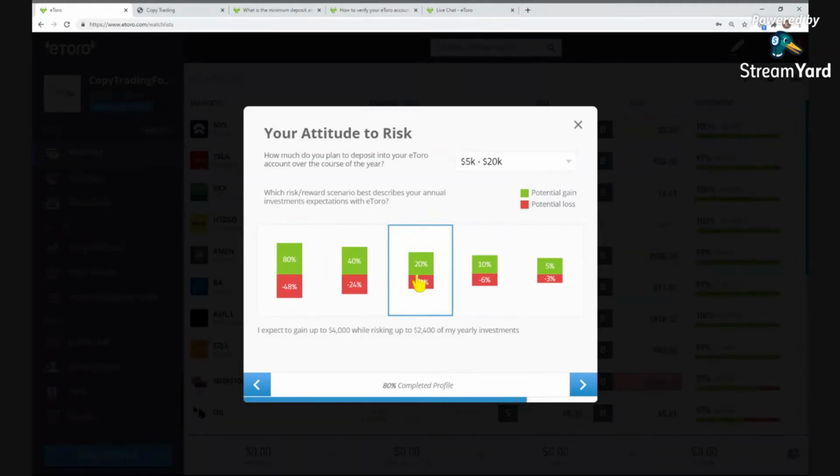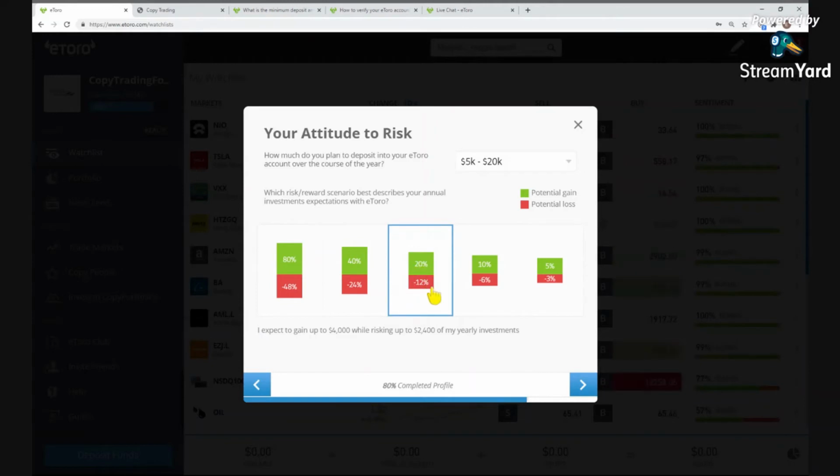So this says how much you potentially gain and how much you're going to risk. So that would be your gains, and this would be your stop loss, how much you're willing to risk on eToro. So I will say in this, I'm looking for gains of 20 to 40.